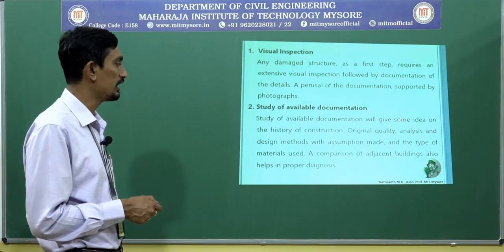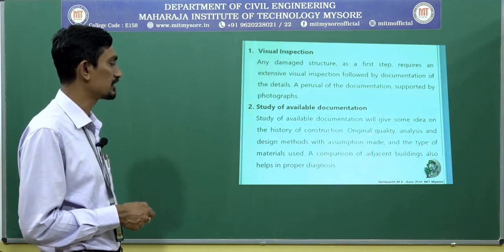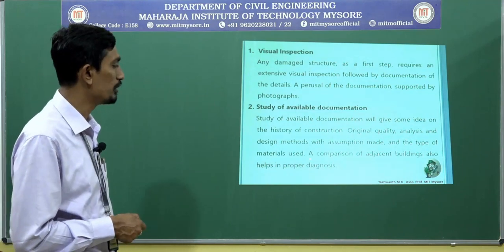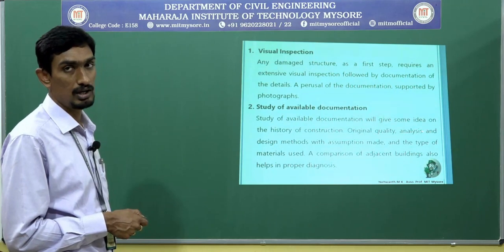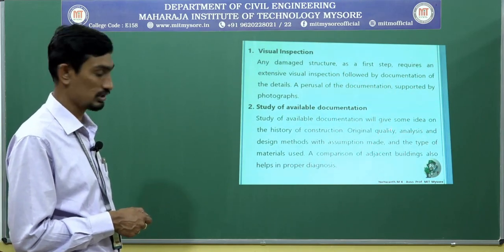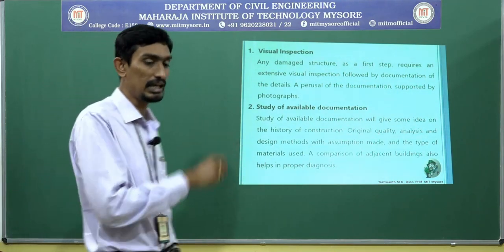That is the original quality, analysis and design methods, with the assumptions made and the type of materials used. All this information you collect from the client, and you also do experimentation to find the present quality.